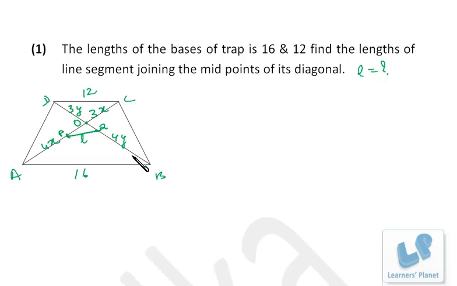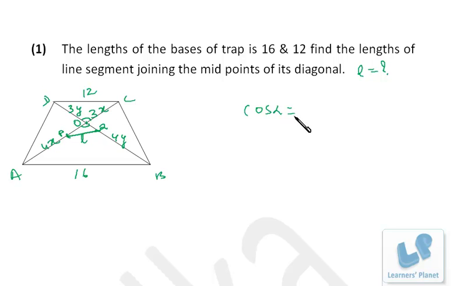Now here I'll be using the cosine formula. Why? Because this angle will be equal to this angle, isn't it? So whatever this angle is, maybe it is alpha. So cos alpha will be what? I'll be using the cosine formula: this square plus this square minus this square, right?